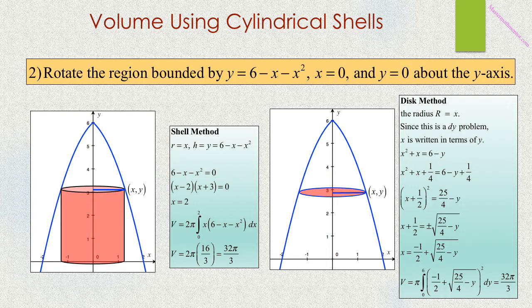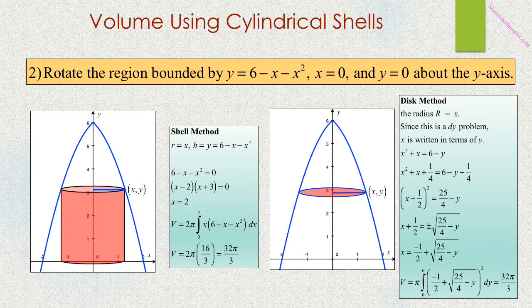And then solving for x, we get x is equal to -1/2, and we will just use the plus square root of 25/4 minus y because we are interested in the positive value.